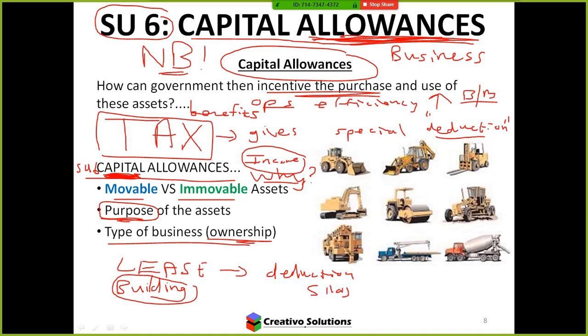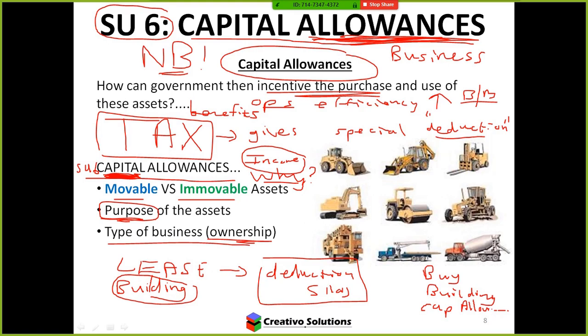Right, so if I choose to rent an office space, the rent that I pay to the landlord as a business would be a general deduction. What happens if I choose to buy a building instead of renting one? Well, if I buy a building or an office, then I won't have a general deduction because I'm not paying rent. You will have capital allowances.